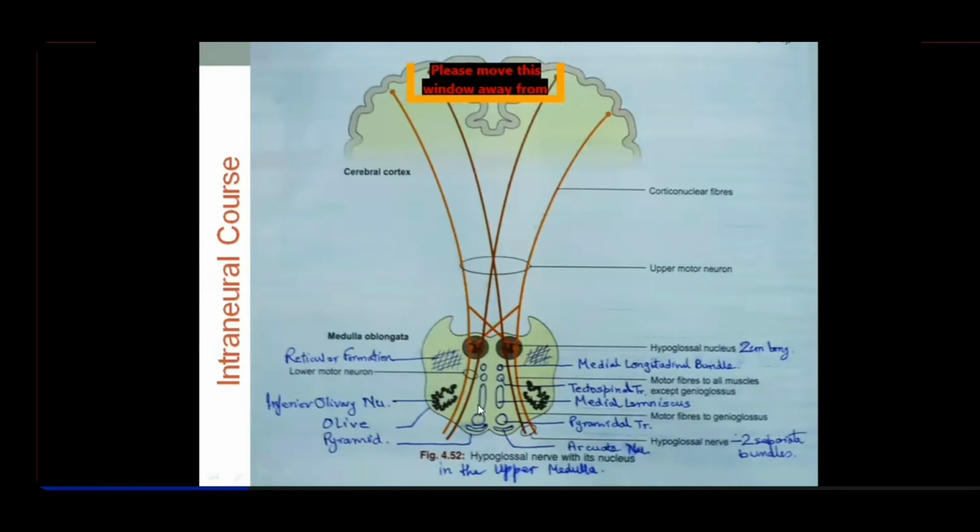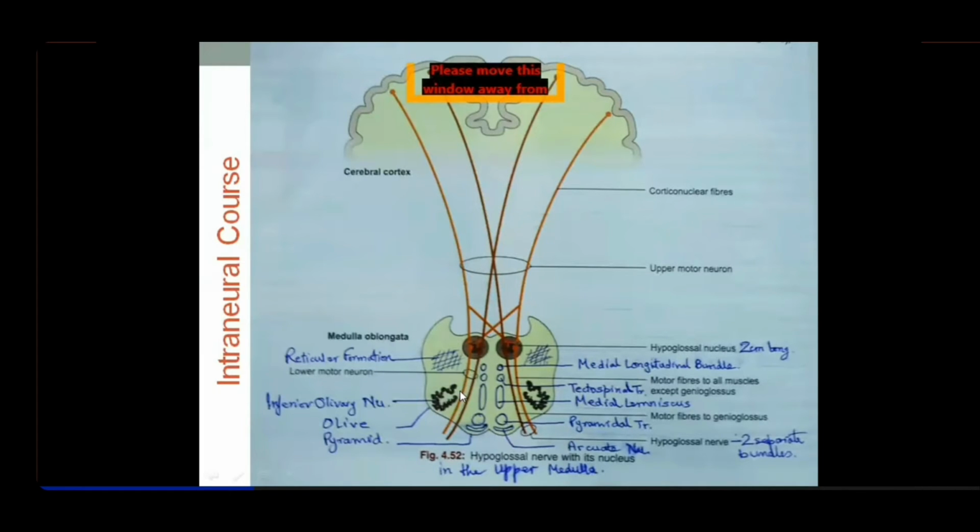And then you have the medial lemniscus. This is the ascending pathway for the proprioceptive sensations. Then you have the pyramidal tracts and the arcuate nucleus, right? That forms the bulging here, the pyramids. So all these structures are placed medially, and the nerve runs lateral to all these midline, medial structures.